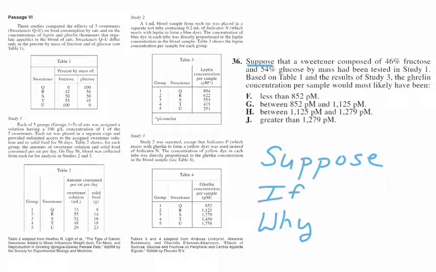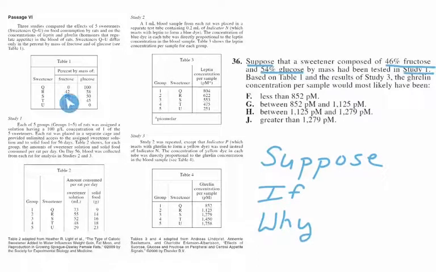Question 36. Let's recall, anytime you have a suppose-if-Y question, you're going to have to think, maybe add some extra information or do something where you are inserting data or pulling out data. So suppose that a sweetener composed of 46% fructose and 54% glucose had been tested in study 1.